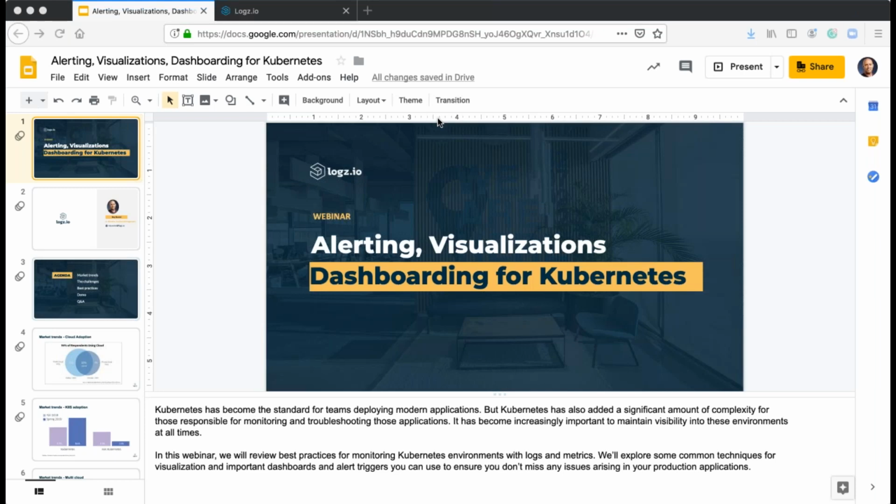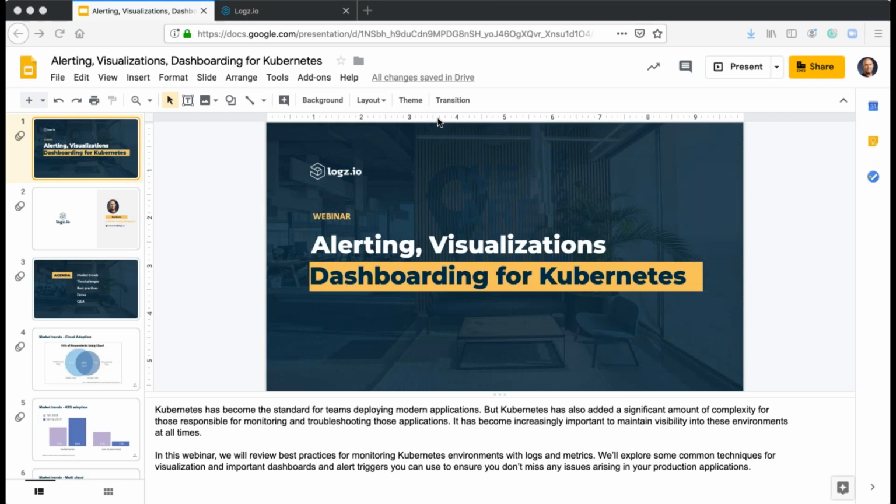We will talk about the challenges of monitoring and understanding what's going on in our Kubernetes environment. We will discuss best practices, and then we have a very exciting demo that I'm looking forward to sharing with you. After that, we will have Q&A. I guess we're going to finish in around 25-30 minutes. So that's more or less the plan.